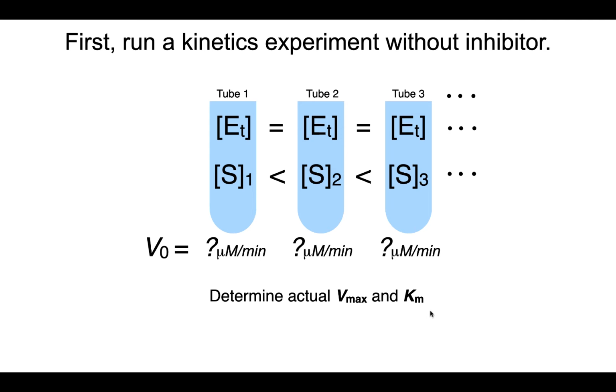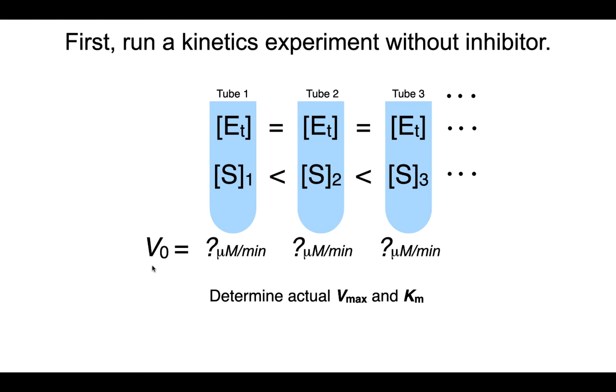So you do that the way we have described in the past, which means that you're going to take several different tubes, and in each tube there will be the exact same concentration of enzyme. That's ET here. And then in each tube you're going to have increasing concentrations of substrate. For each one of these tubes you will calculate the initial velocity, the amount of product that is produced per minute at the beginning of that reaction.